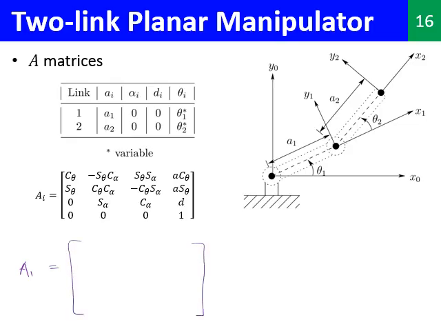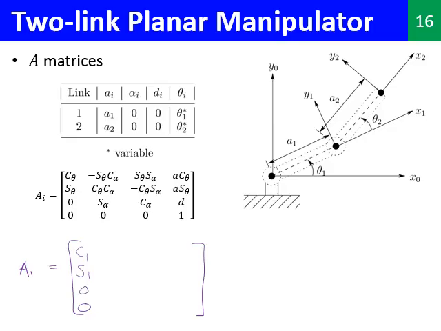The first entry is cos theta. We have theta 1 in the first row of the DH table, and using the simplified notation, we can write that as C1. Similarly, sin theta is going to be S1, and we have two zeros here.